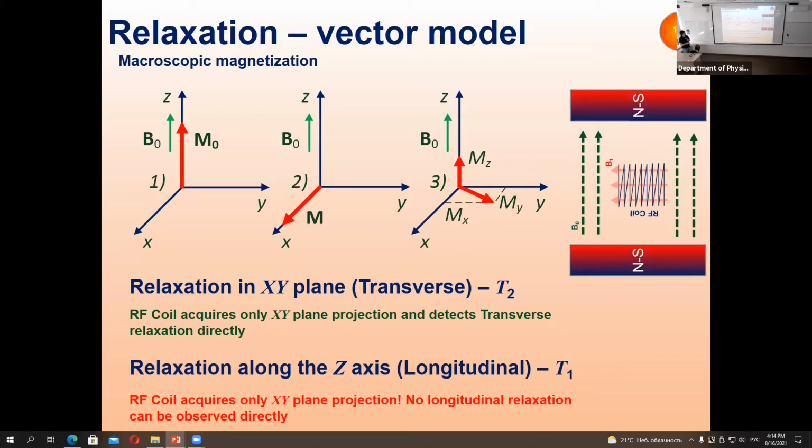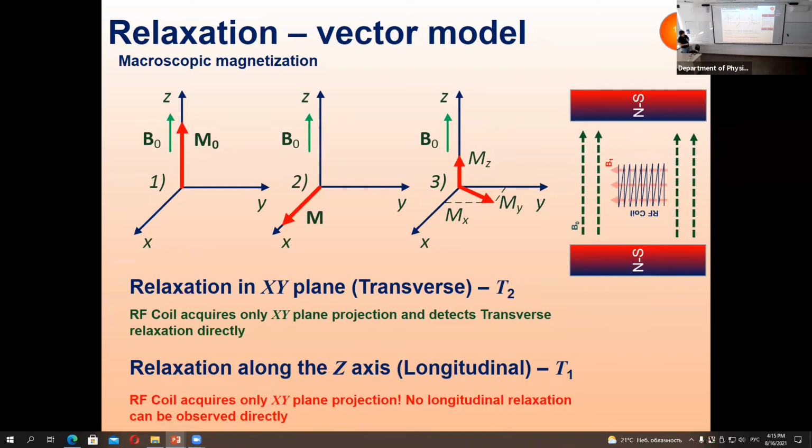So what we are doing, we are applying radio pulses, and then we are playing with the magnetization of a sample, the macroscopic magnetization of a sample, which is a composition of the contributions of billions of these microscopic spins. During measurement, we see two types of relaxation: spin-spin relaxation and spin-lattice relaxation.